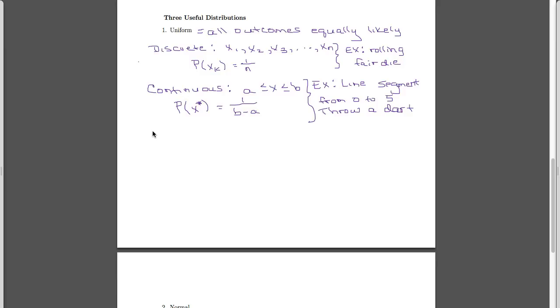Okay, so the histogram for a uniform distribution, in theory, if you've got your n different outcomes, let's just say we're looking at the die example again. So we know our outcomes are 1, 2, 3, 4, 5, 6.